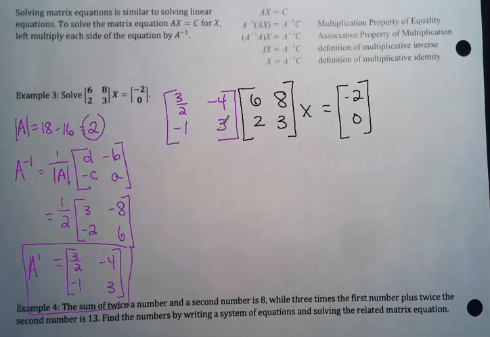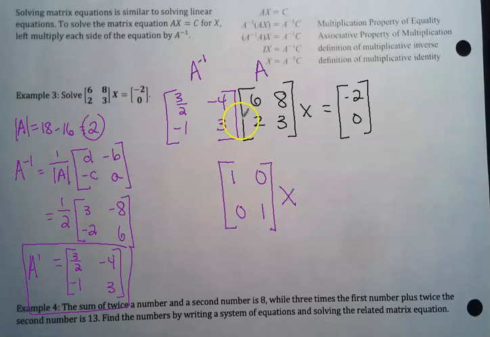Now, the nice thing about this is that we know this is the inverse matrix of A, and this is matrix A. So when we multiply A times the inverse of A, we get the identity matrix, which is [1, 0; 0, 1], times X. So we don't even have to do that math.